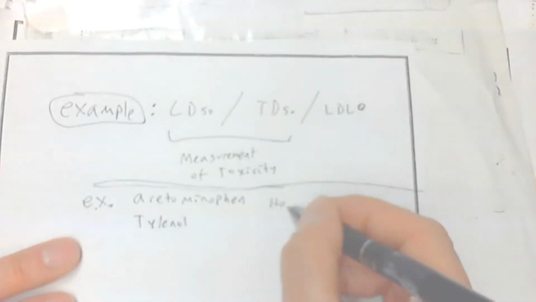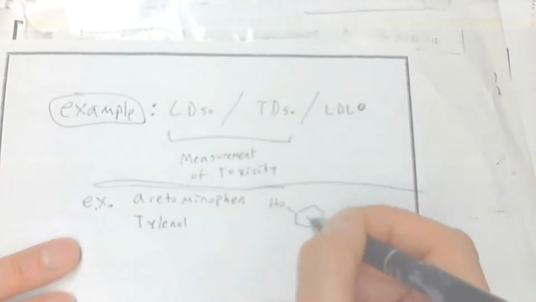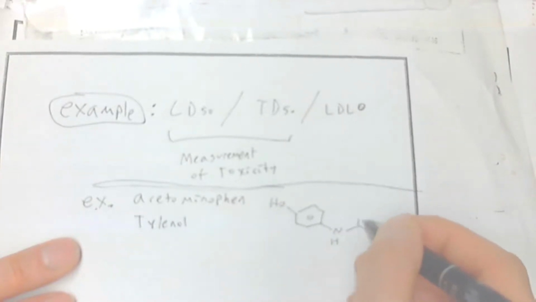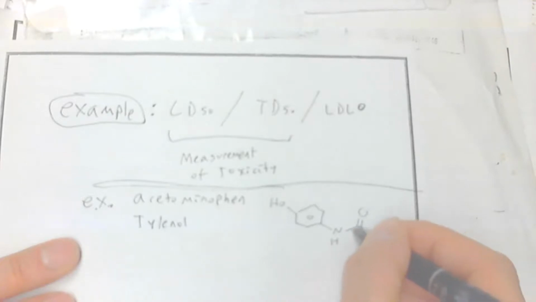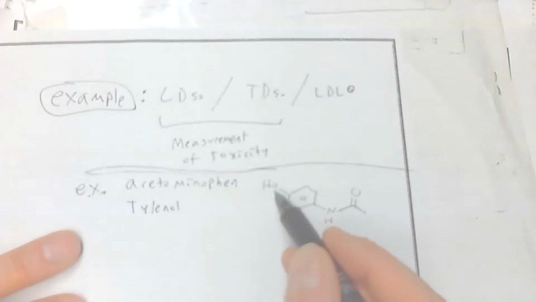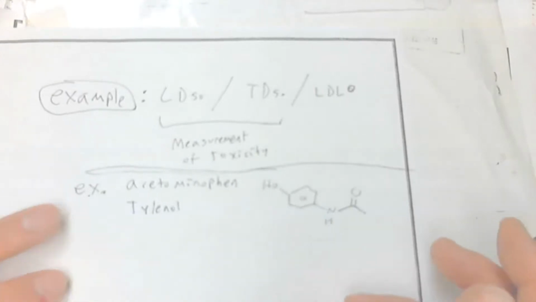The toxicology of it is pretty interesting, and it's all related to the chemical structure. It's a very simple molecule. Tylenol is this. It's just a hydroxy group para to acetamide.